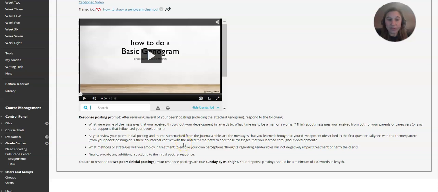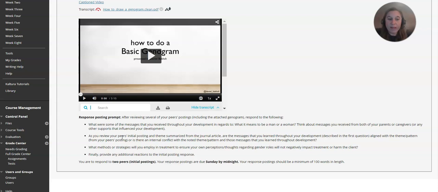After you review your peers' initial posting and their themes that they summarized from the journal article, are the messages that you learned throughout your development, so looking back to the first bullet point, aligned with a theme and pattern from your peers' posting, or is there an internal conflict within that noted theme or pattern and the messages that you learned throughout development? So how does your developmental experience compare to what your peer discussed from the journal article?